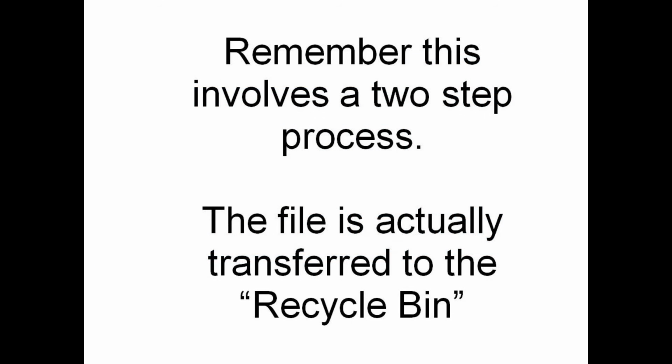Take notice that I've been using the phrase that a file is marked for deletion. By sight, this is placed into the recycle bin. A recycle bin is true to its name, in that this file can be recycled if you made a mistake. The process will be shown to you later on.